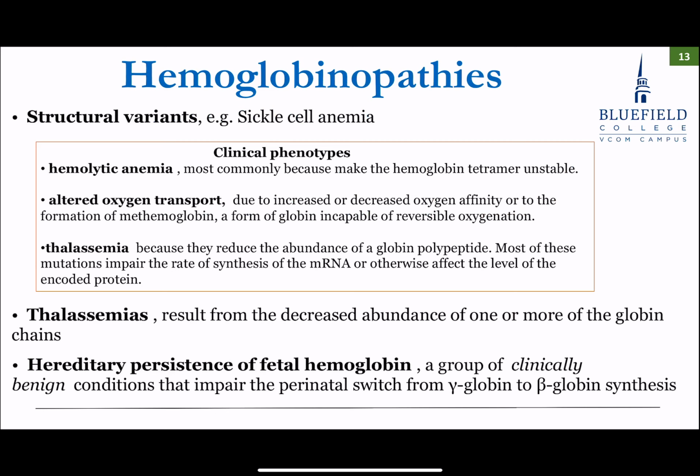This is a group of clinically benign conditions that affect the prenatal switch from gamma globin to beta globin synthesis, which means that this gamma globin tends to show up even though beta globin normally is present in adults. Just like excess of these globins that are characteristic of fetal phases of development.